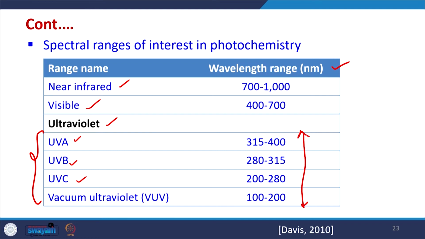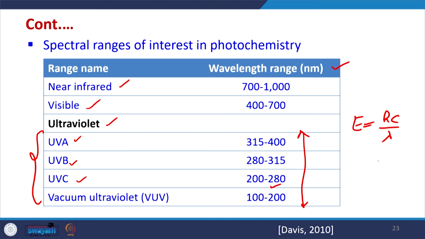Depending upon the lambda that we are using, the energy will change, because E is equal to hc by lambda. Suppose we are using UVC. The amount of energy that the wave contains is very high, so it will be able to destroy most of the pathogens.